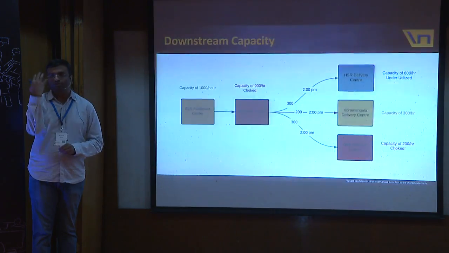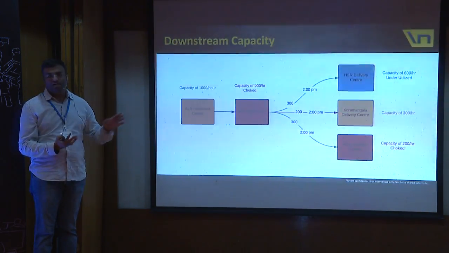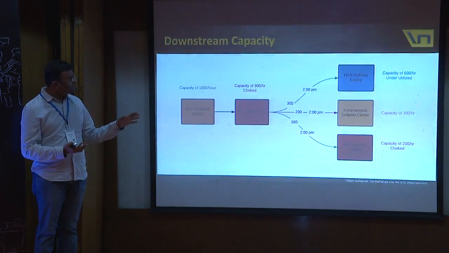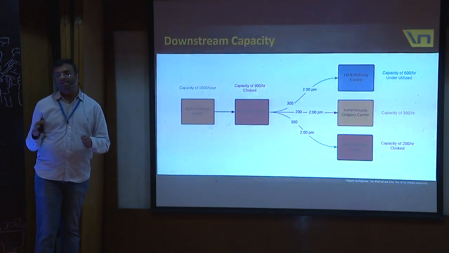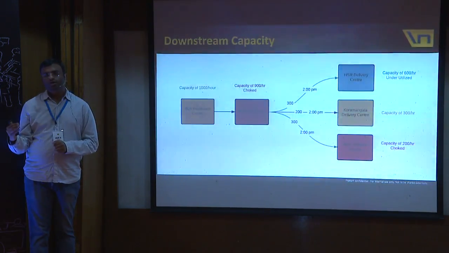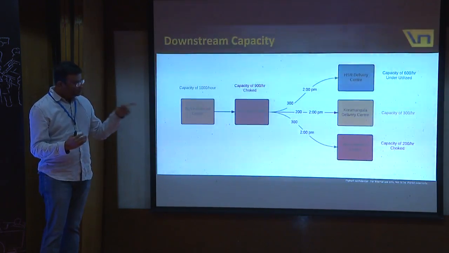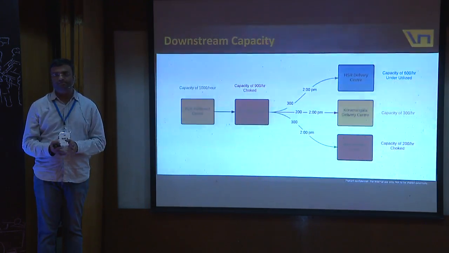Maybe it didn't get load from some other location, right? So this is kind of underutilized. And in this case, Banchankri delivery center at this point in time has a capacity of 200 per hour. Maybe it has got load from some other sort center. So in this case, if we send 300 to the Banchankri delivery center, we end up choking Banchankri delivery center.